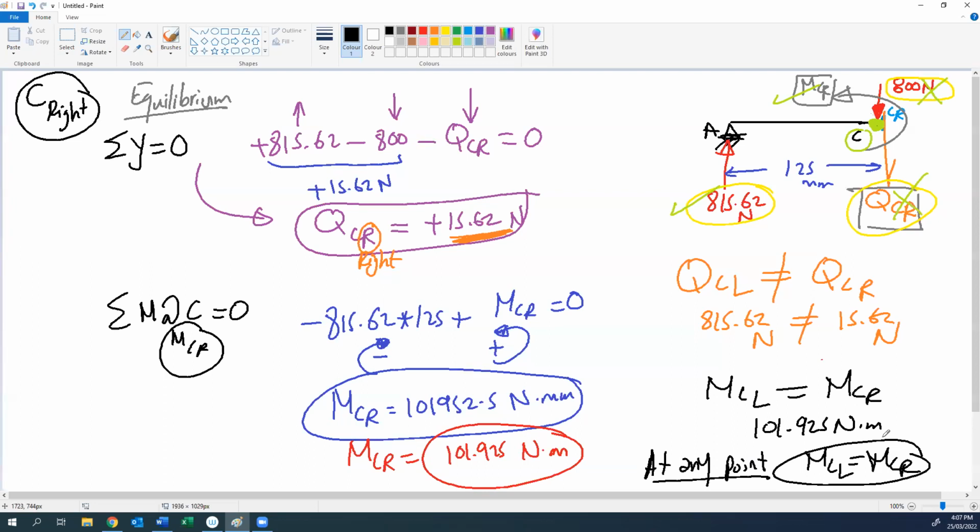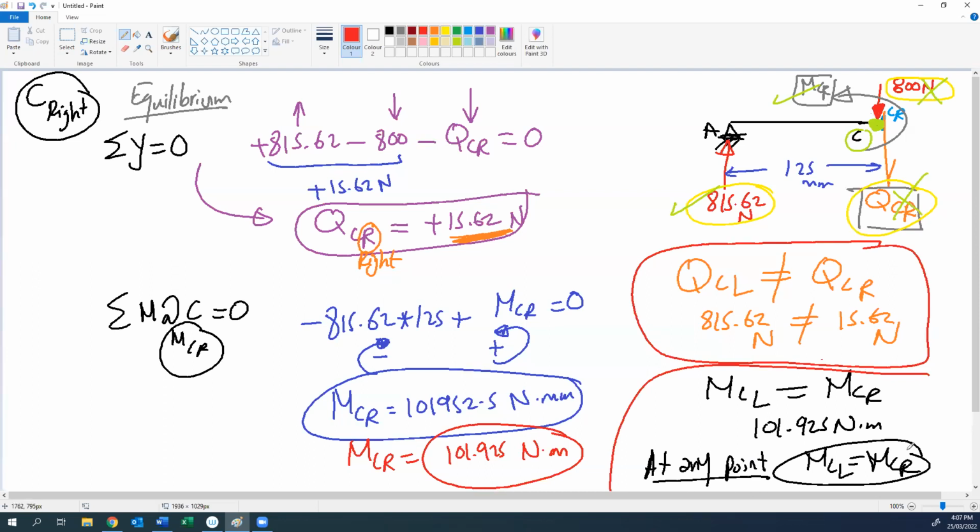So the shear left is different from shear right, but the moment left is equal to the moment right. This is what we notice from this example. Did you understand this example? Do you have any questions for the shear force and bending moment at point C?